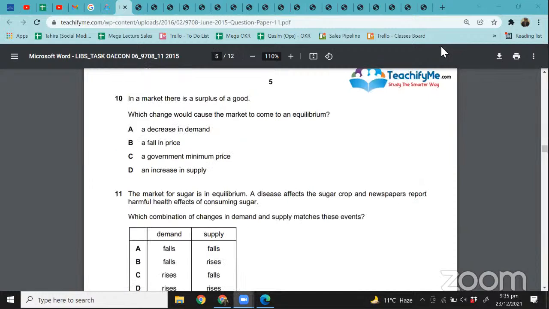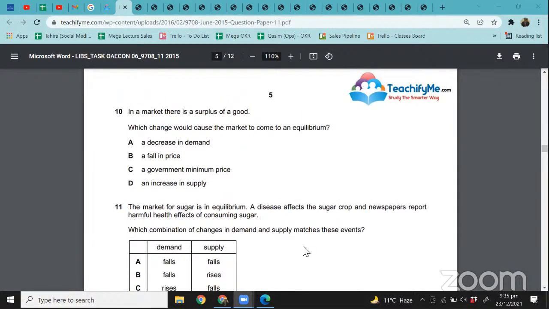Okay, next. In a market, there is a surplus of a good. Which change would cause the market to come into equilibrium? What is a surplus? You should know. Surplus is when supply is greater than demand. What will cause the market to come to an equilibrium?